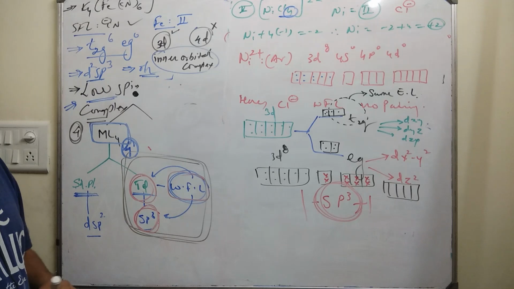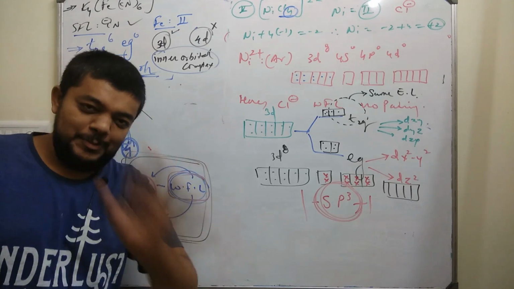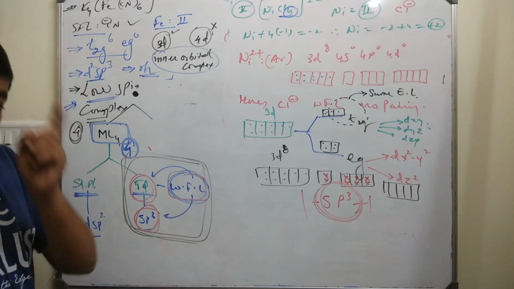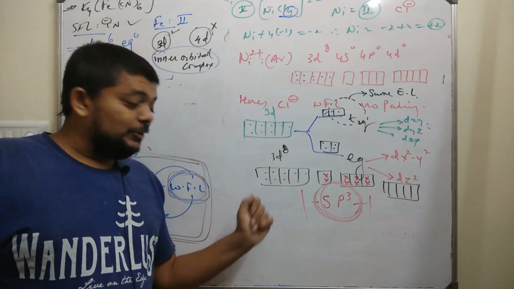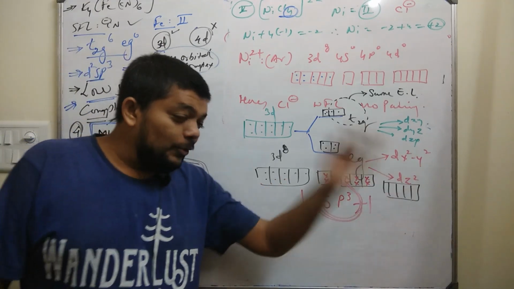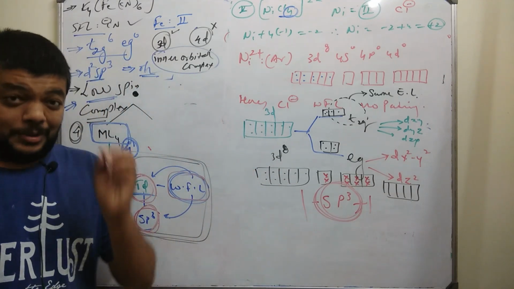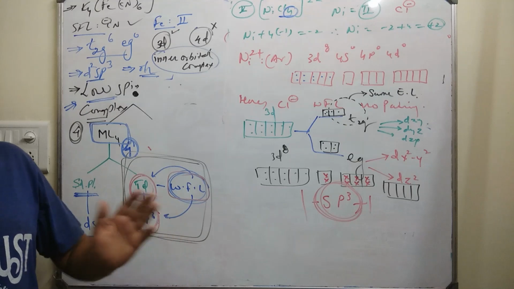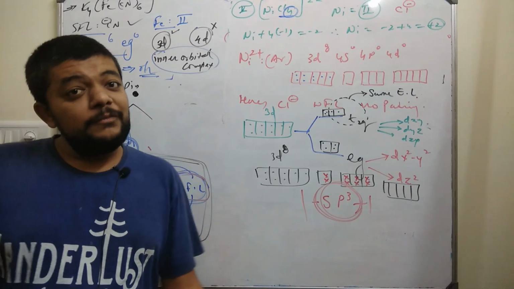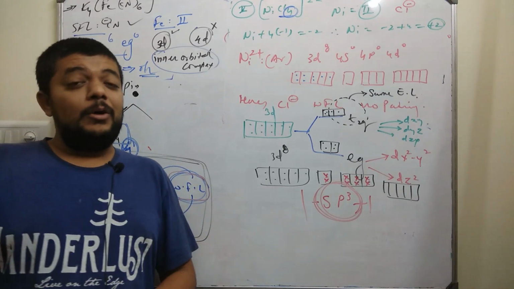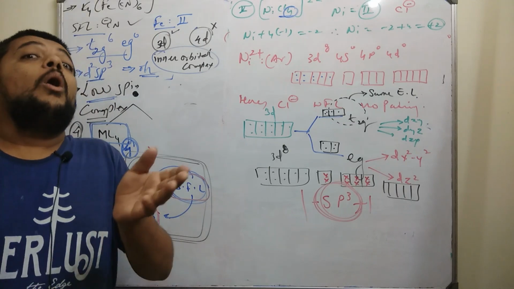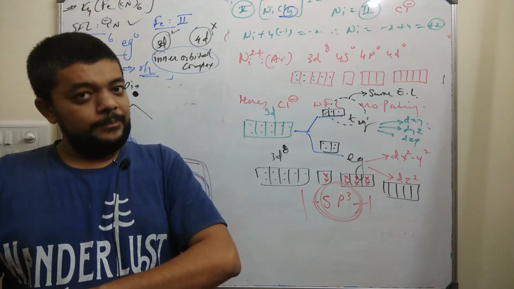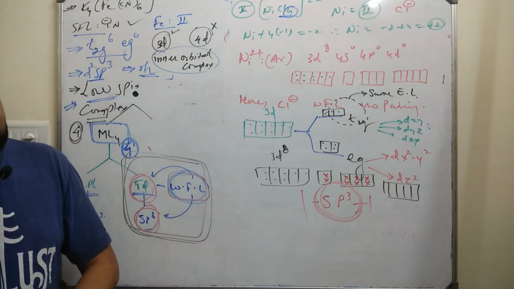Now, you cannot say this to be a high spin complex, you cannot say it to be a low spin complex. Why? Because there is no utilization of 3d by the ligands, there is no utilization of 4d by the ligands. So remember very well, be very precise that the weak field or the strong field, which relates to the high spin complex and the low spin complex, or the inner orbital complex and the outer orbital complex, only works in the ML6 category.